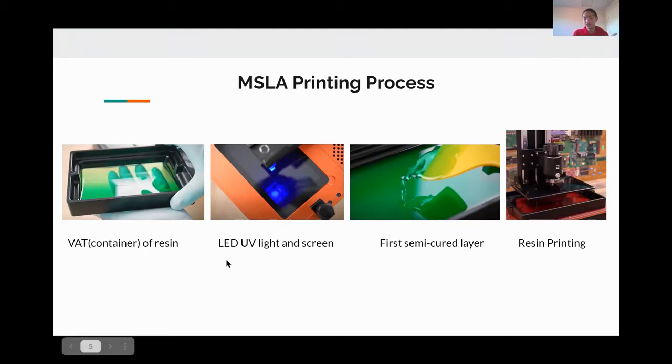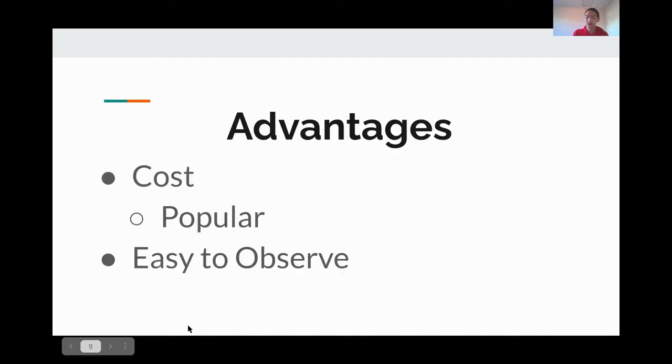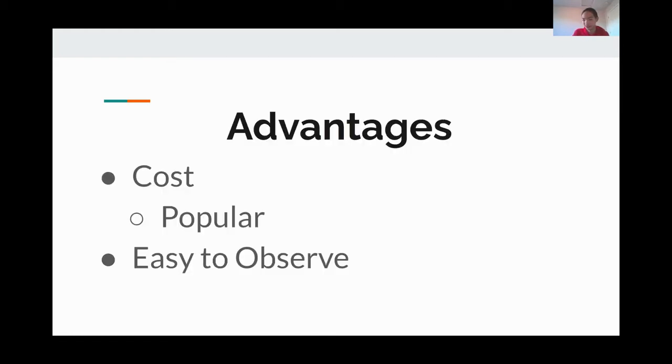That's because you don't want the UV light that's used to cure the resin scattering randomly, and it also needs to contain the resin. So you can have a better view of your filament print. That's another advantage of filament printers.